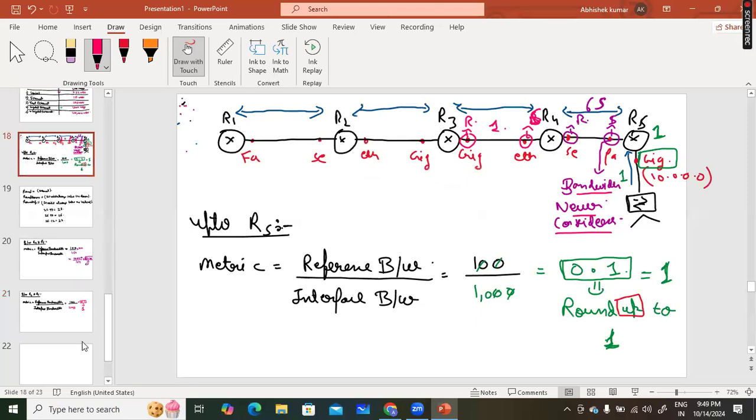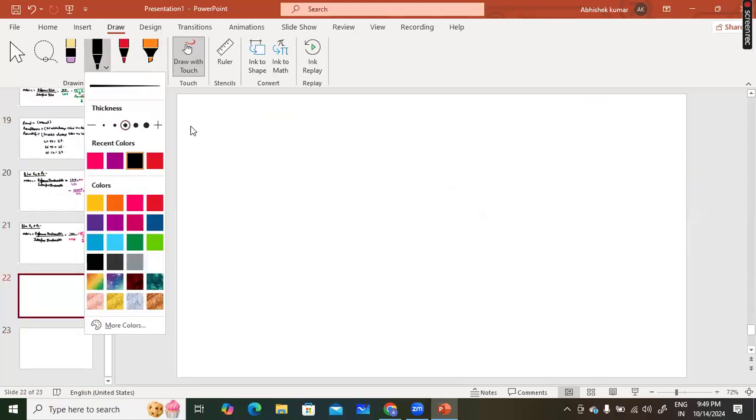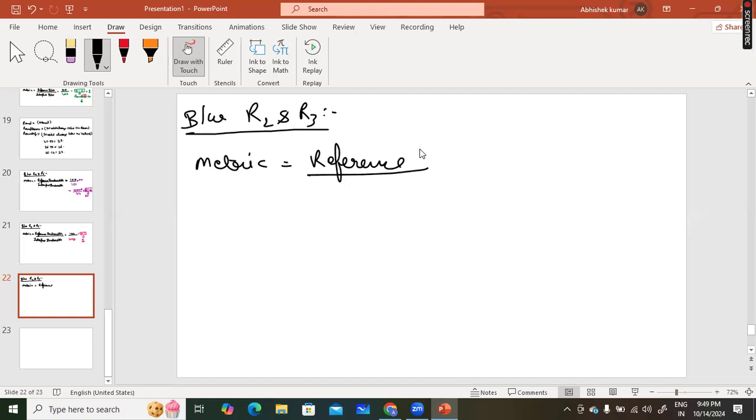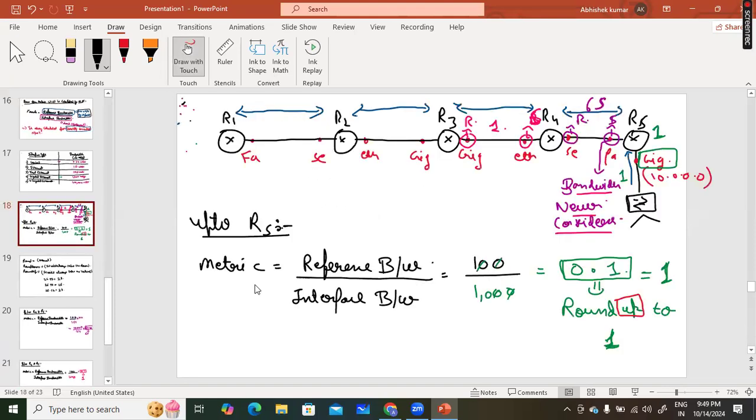Okay. Now, next is between R2 and R3. The metric is reference bandwidth upon interface bandwidth. 100 upon, tell me, which interface bandwidth is to be considered? Ethernet.